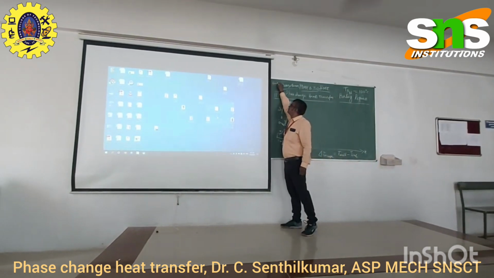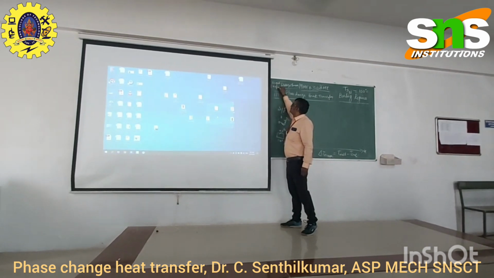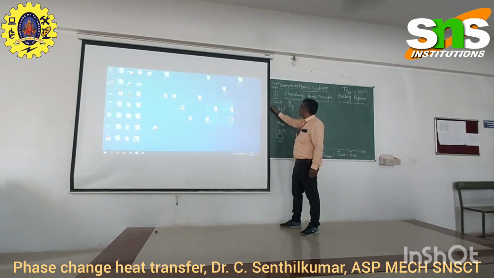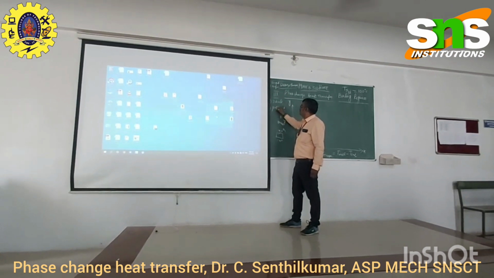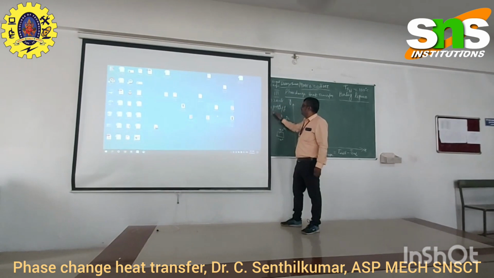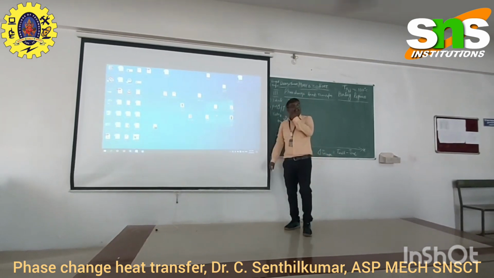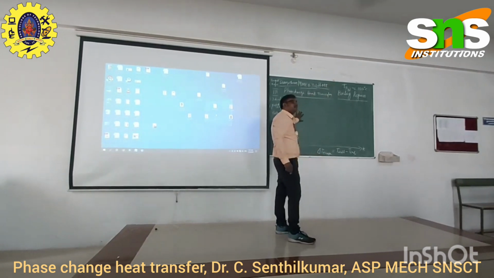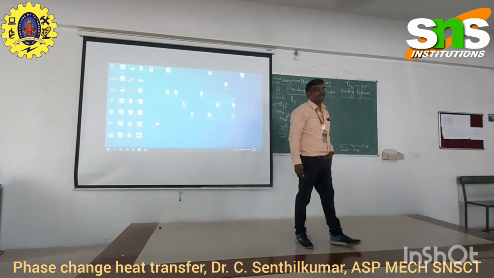Empathize, define, number 3 is ideate, number 4 is prototype, number 5 is testing and evaluation. Based on this design thinking process, they would have formulated this boiling regime, using the trial and error method.